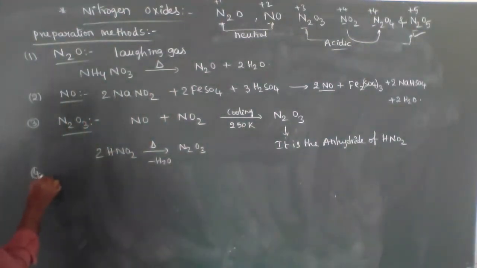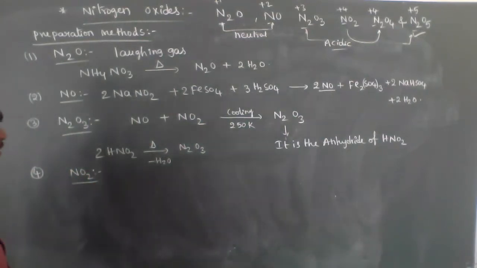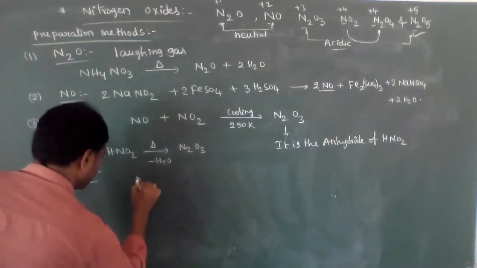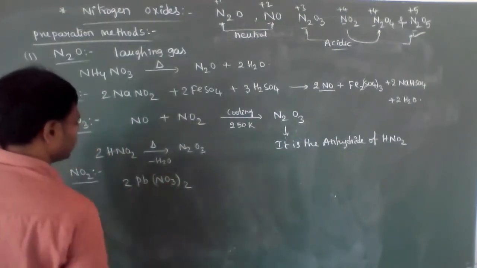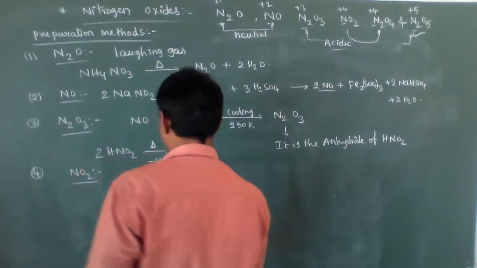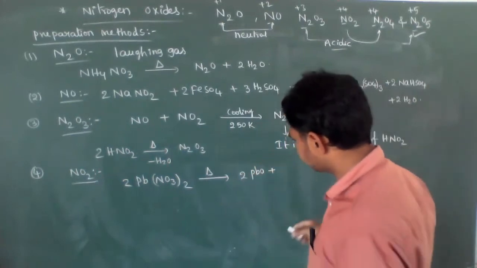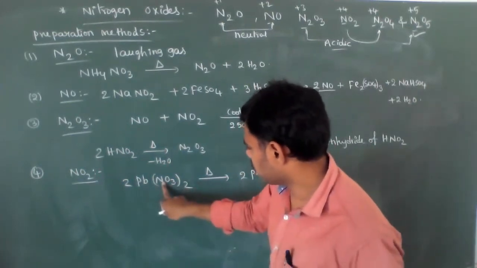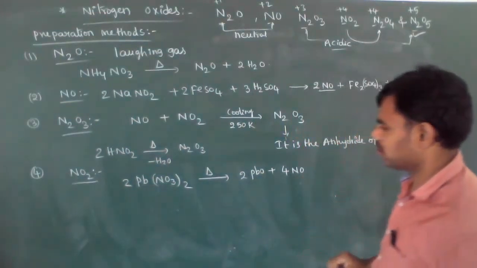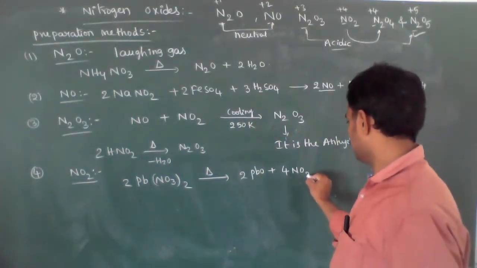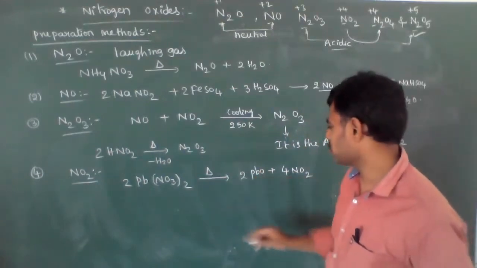The next one is the preparation of NO2, nitrogen dioxide. Nitrogen dioxide can be prepared when lead nitrate, Pb(NO3)2, is heated. 2 moles of lead nitrate upon heating form 2 moles of lead oxide plus 4 NO2, since the 2 nitrogen atoms... 4 NO2 accounts for 8 oxygen atoms, plus 2 in lead oxide makes 10, but 12 oxygen atoms are present.